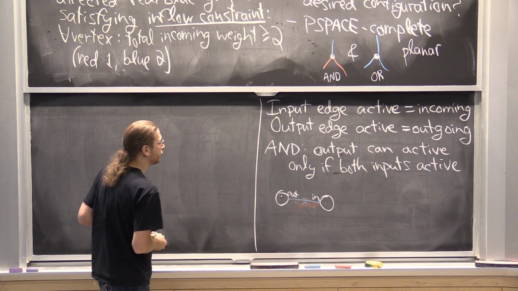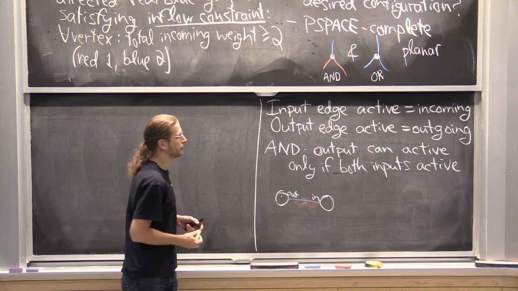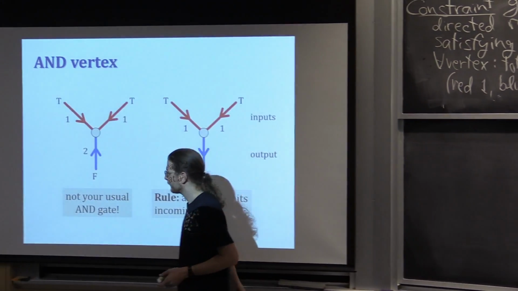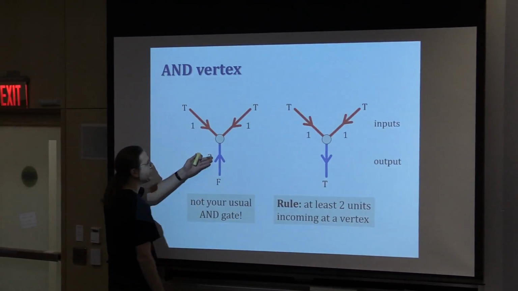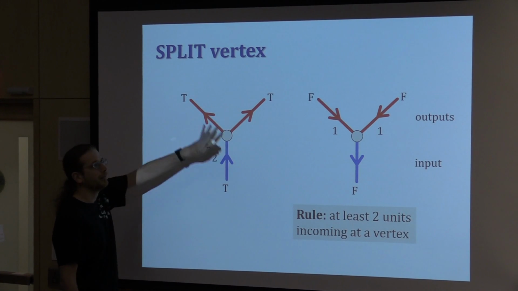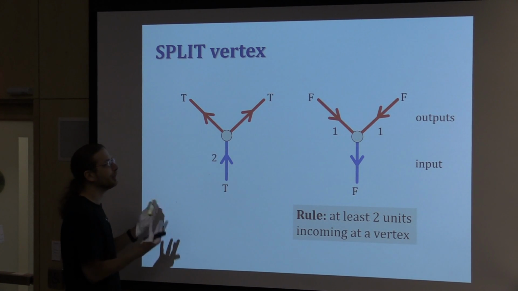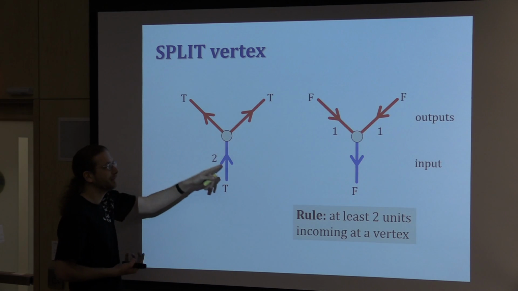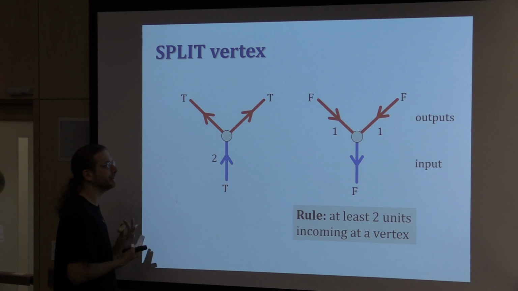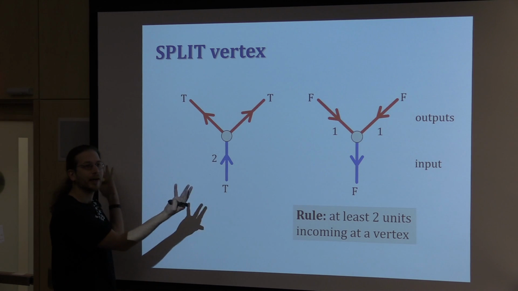Okay, so that is active and you have sort of delayed outputs. You can think of this same vertex if you relabel these guys as outputs and this guy as an input. It's just a perspective change. It's just changing terminology, so it doesn't actually change what happens. But from this perspective, you essentially are splitting or fanning out a wire.